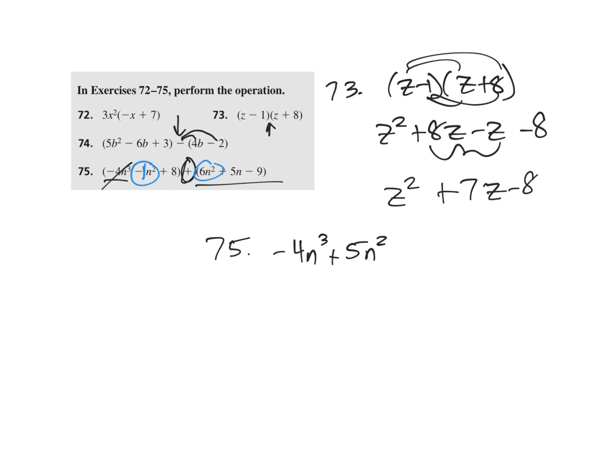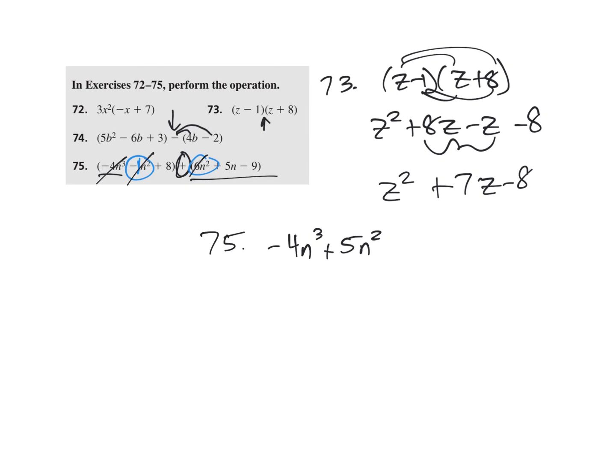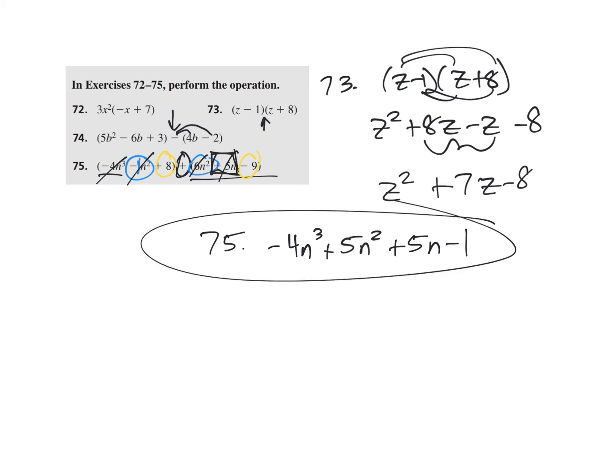Okay. And now we have a 5n all by itself. Notice I'm including the operation in front. A positive 5n, it doesn't go with anything else, so it doesn't disappear. And we also now have a plus 8 and a minus 9. So that would be a minus 1. Hopefully you got that right, and that's your homework.